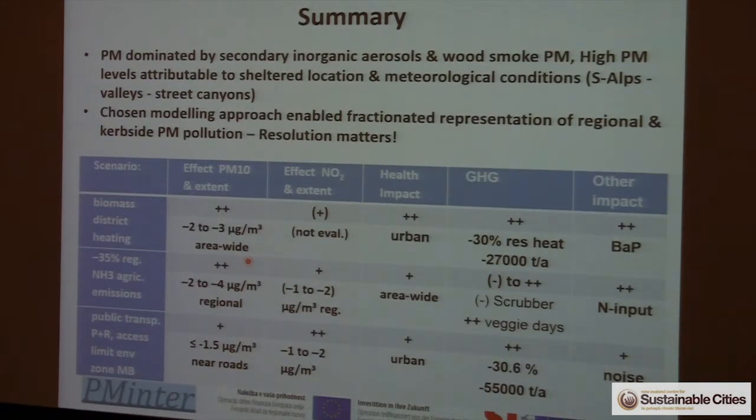And that's a lot. Also, I can avoid benzopyrene emissions. And very efficient is also reducing on a regional level ammonia from agriculture. It depends on how this measure is achieved.